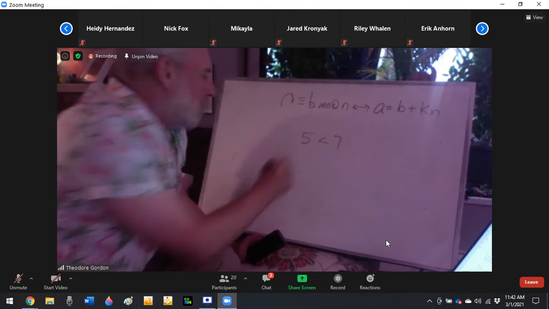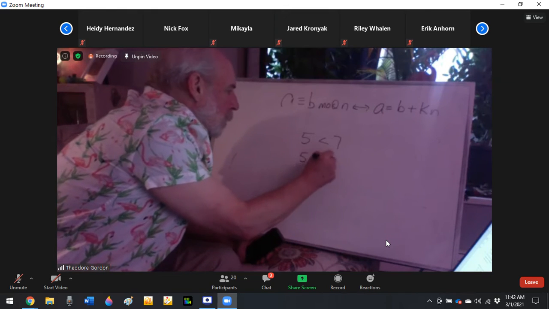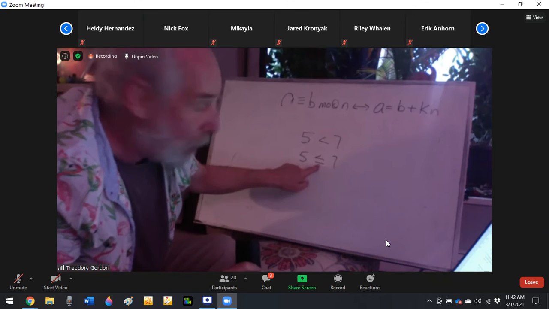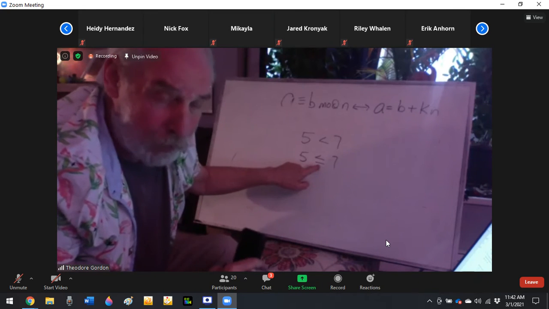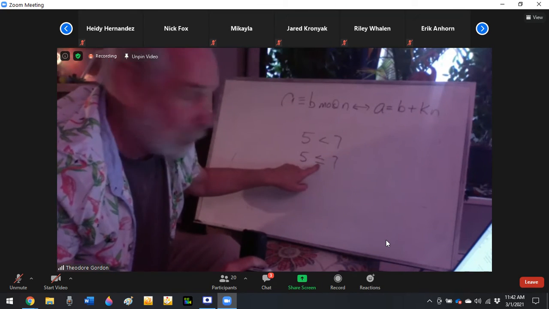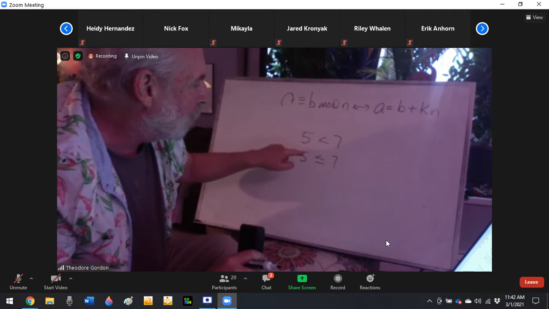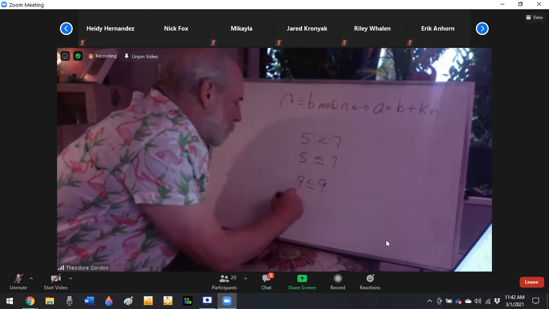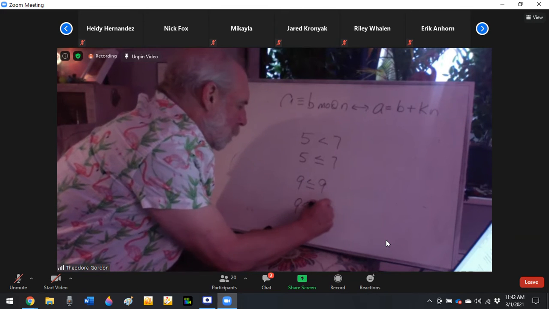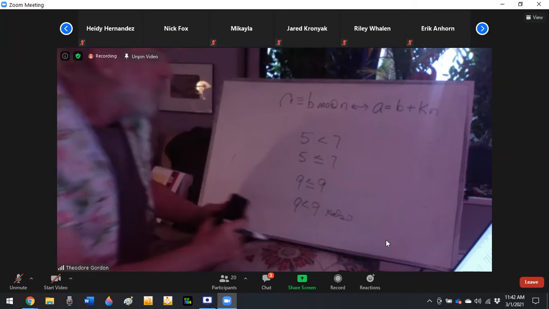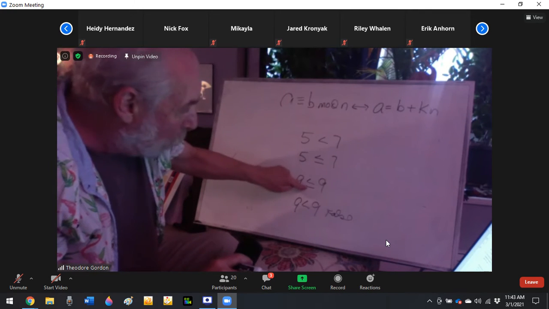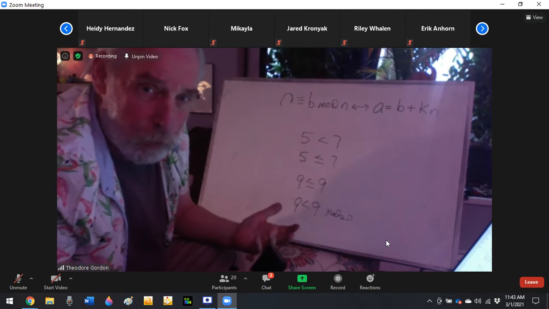That's true. So when you're using inequalities, you can always have the "or equal" because this is an "or" statement. But in this case, you can't always take this away, but you can always have it there because of the "or."